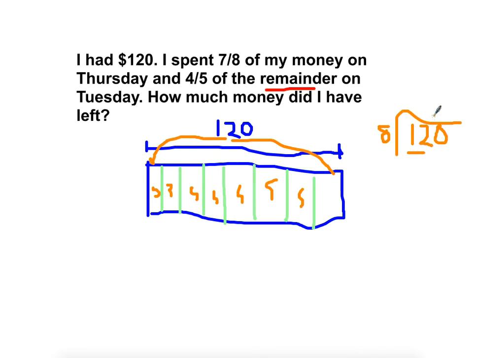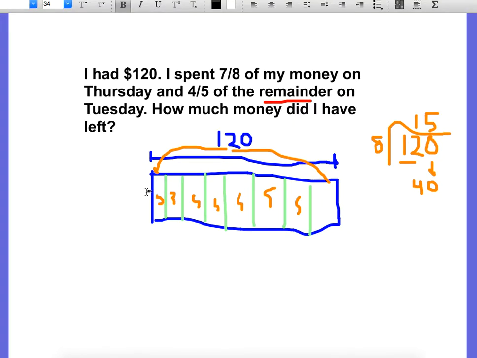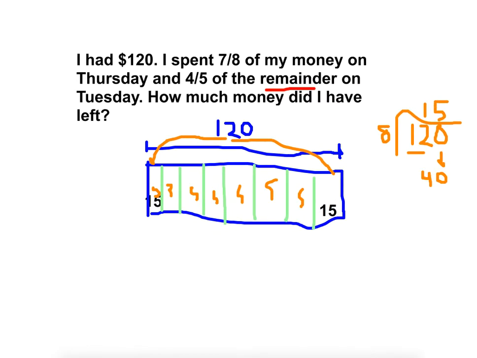8 goes into 12 one time. I have 4 remaining. 8 goes into 40 5 times. So each of these has a value of 15. I could write 15 in every single box, but they all are 15. One bar is 15, they all are.